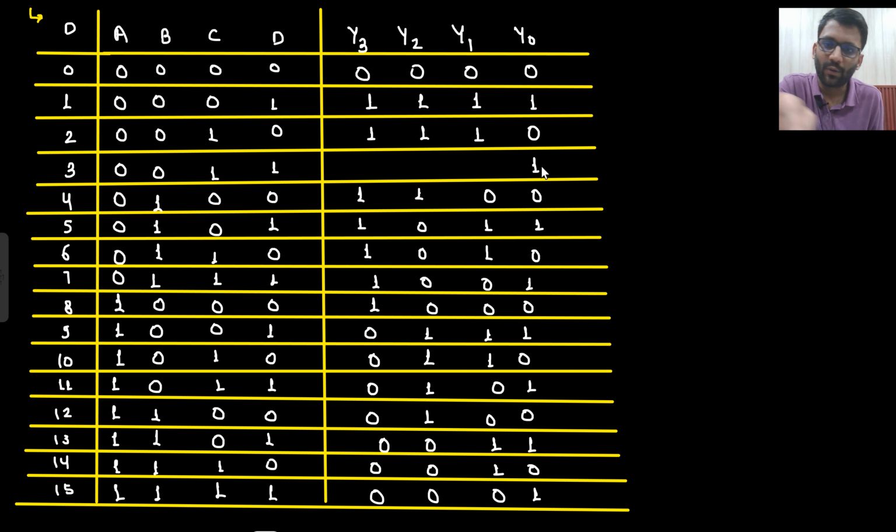I will start from here, I got 1, so these bits will be complemented. Starting from here 0 0 1, this will be 1. Starting from here all these are complemented. So you can see 1 0 0 1, 0 0 0 1, 1 1 1 0, 0 1 1 0, 1 0 1 0, 0 0 1 0, 1 1 0 0, 0 1 0 0 and 1 0 0 0. This is the truth table.